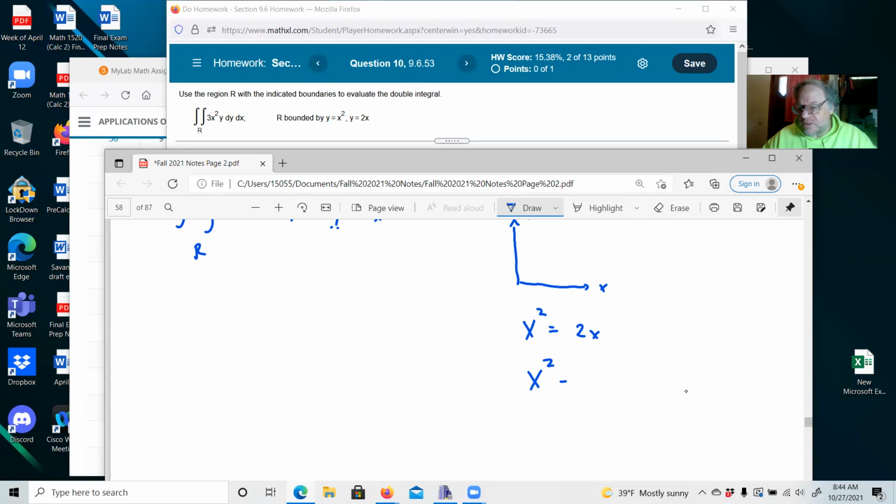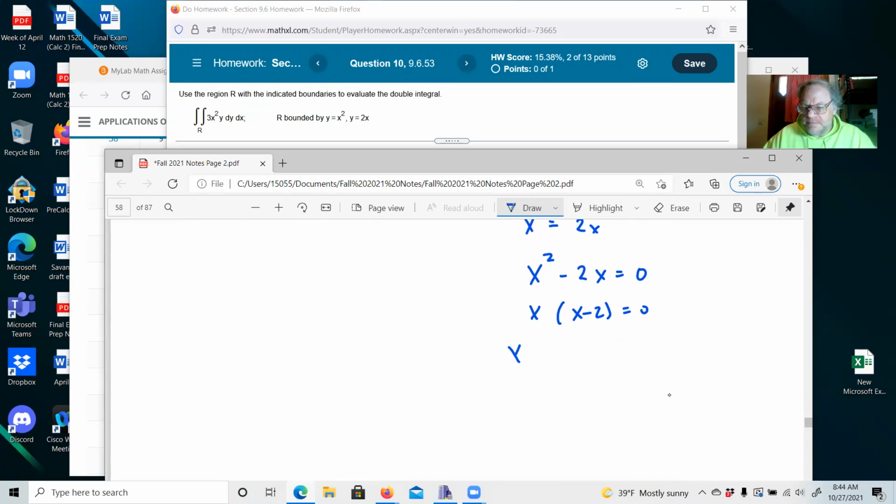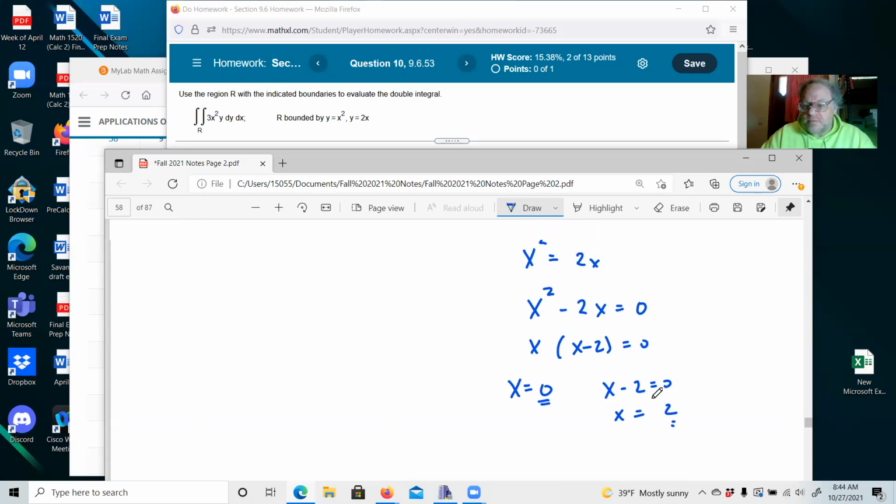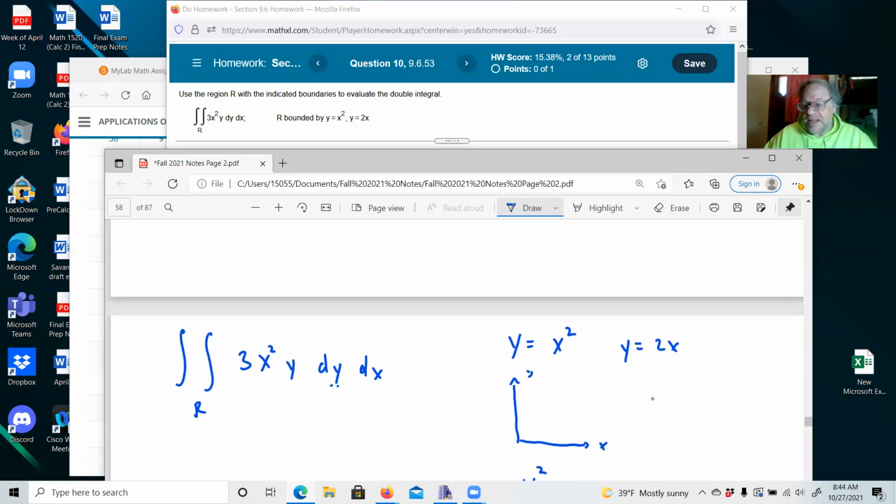We just set them equal to each other and then solve. So the x's go from 0 to 2, and the y's go from x squared to 2x. Here's 2x.